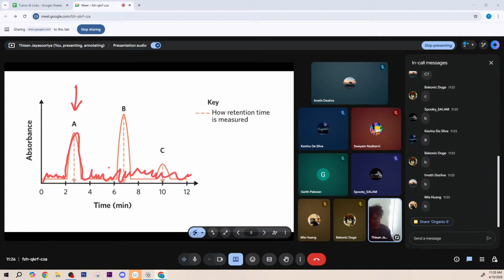This suggests the presence of compound A in this other solution. Let's say it was a petrol solution. We just saw compound A in there. So essentially, if it has the same retention time, we will be able to find it in the chromatograph.